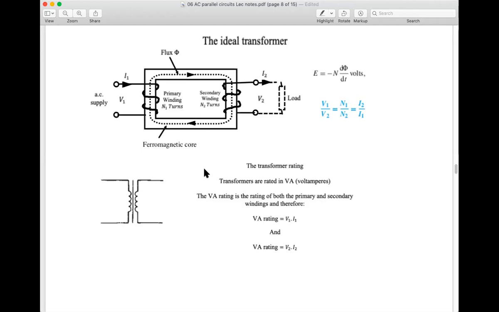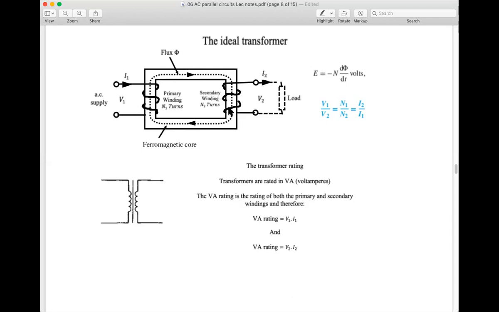If we make a winding around an iron core and supply it with an AC supply that's constantly changing, we produce a flux in that coil that goes into the iron core, and that flux has got some direction around there. That's the symbol for flux. That's called the primary winding, or the primary side, V1, and we get current I1.